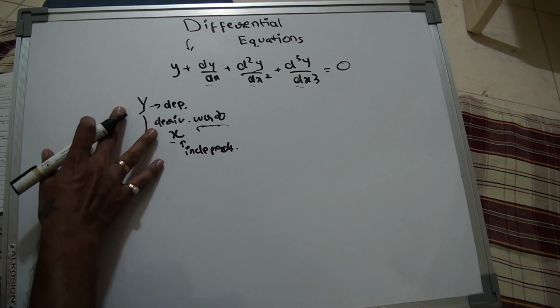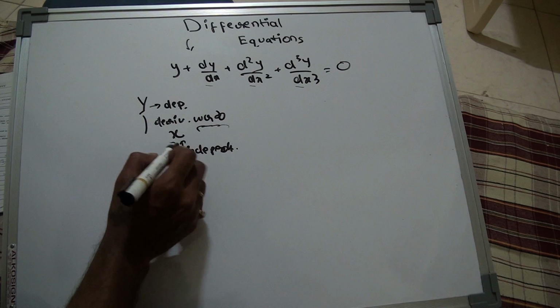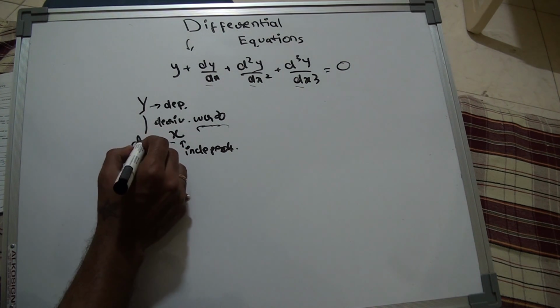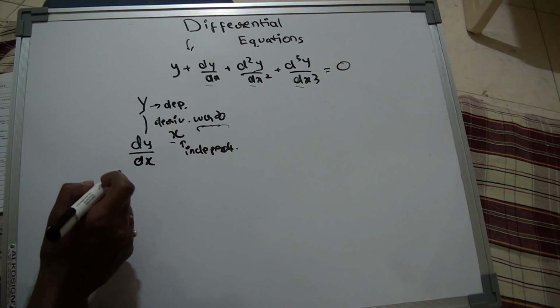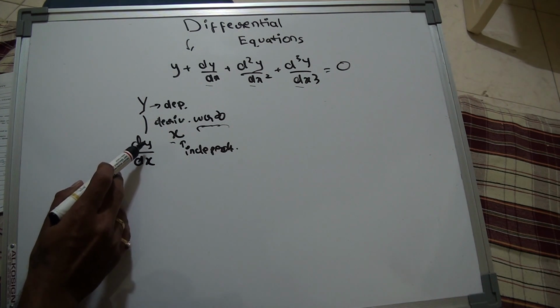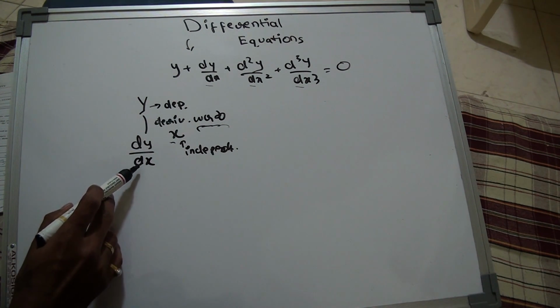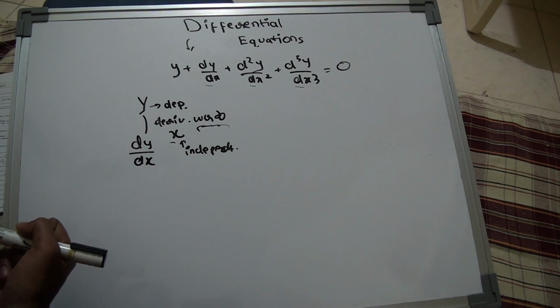Fine. So, stories apart, how do you represent this line? Derivative of y with respect to x. This line is represented by dy by dx. Over here you have stripped off y, which is, you've taken the derivative of y, but that derivative is with respect to x. So when you change this independent variable, then what happens?